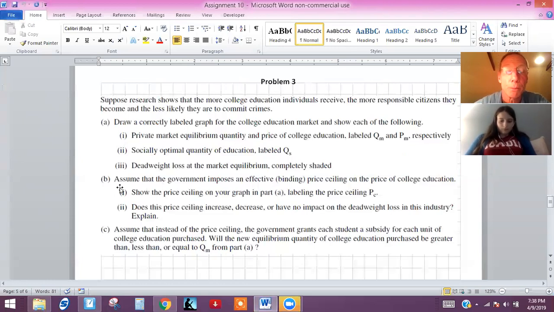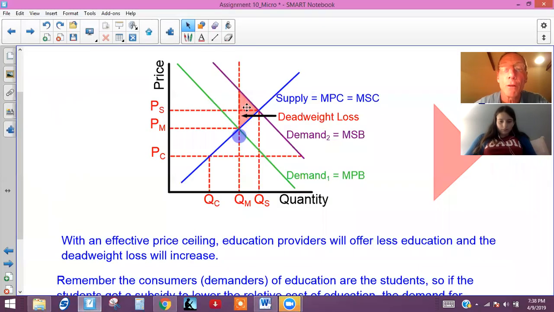Okay, so with a positive externality, without the price ceiling at all, we know that we've got a deadweight loss right here because we're actually producing below the socially optimal, okay?